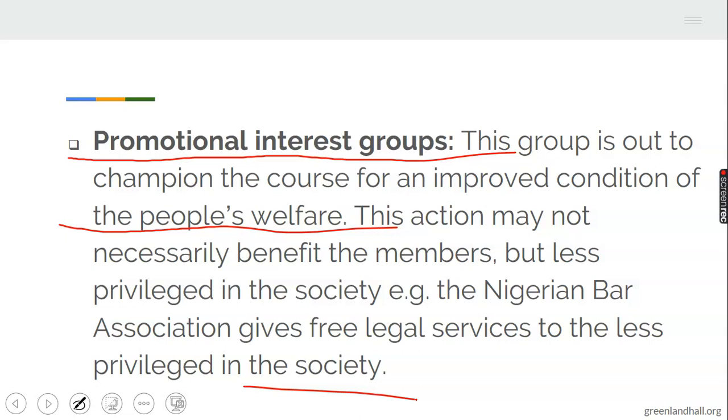And we have some human rights organizations too. They are just there to help the less privileged and to assist the needy. So NGO, non-government organizations, they also fall into this category.